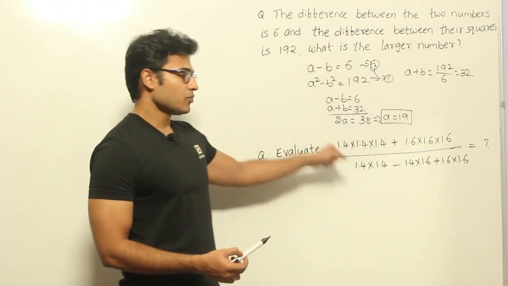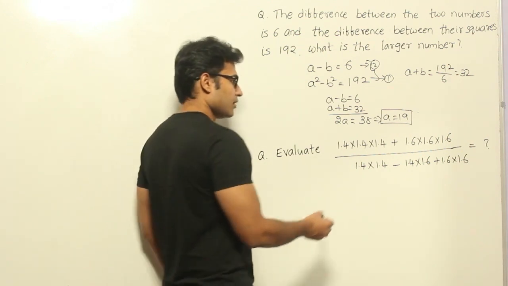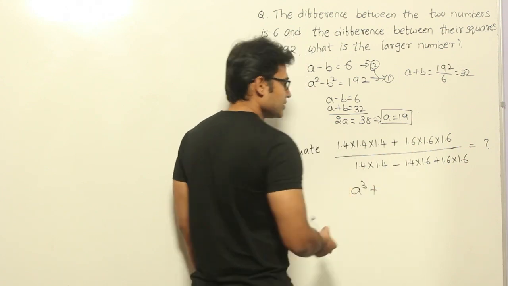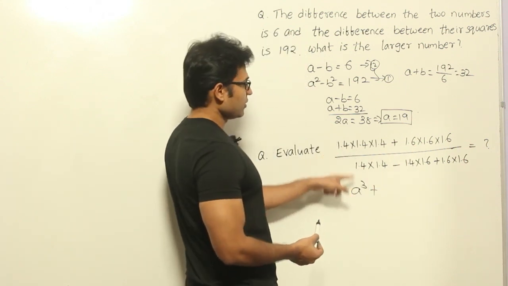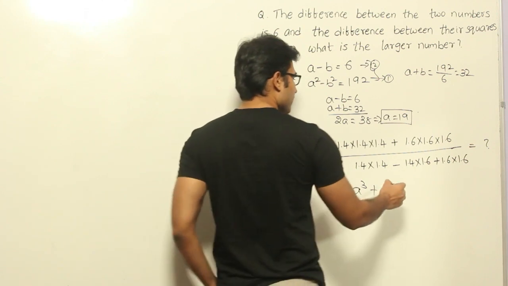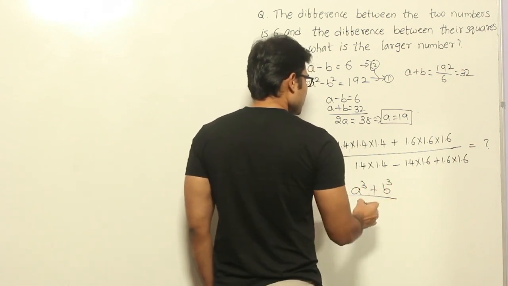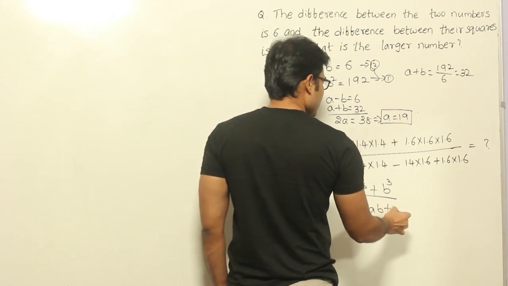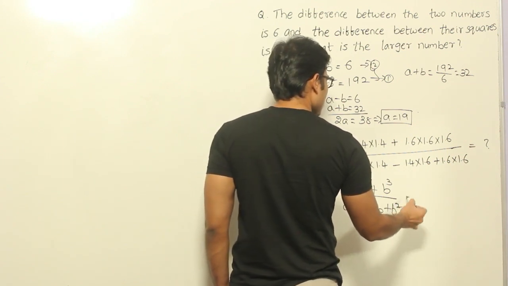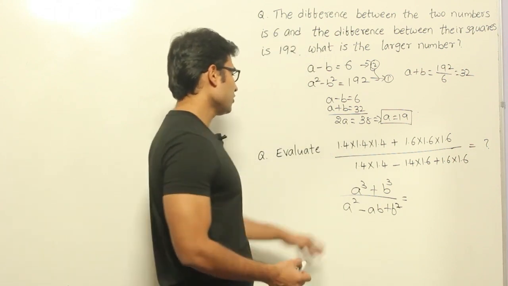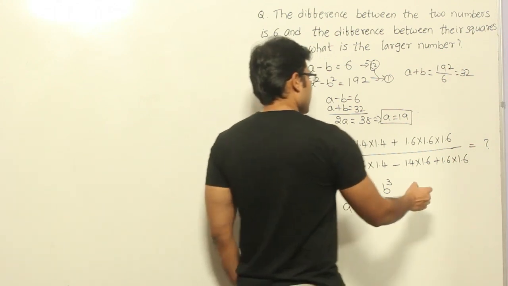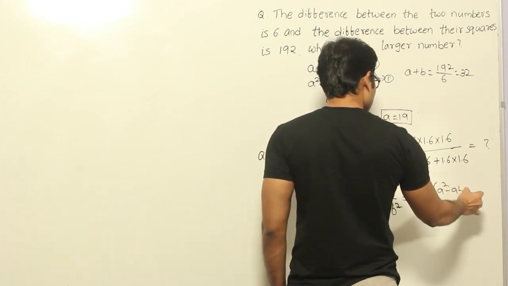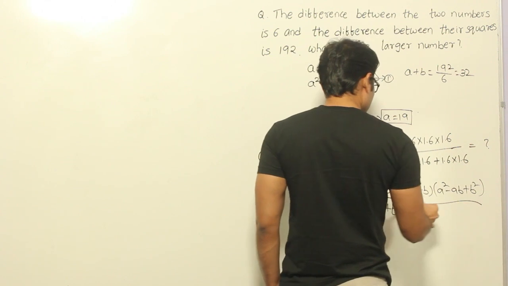Now you can assume that 1.4 equals a and 1.6 equals b, then it is in the form of a cube plus b cube divided by a square minus ab plus b square. Now from the earlier formulas that I have given, you can write a cube plus b cube as a plus b into a square minus ab plus b square.